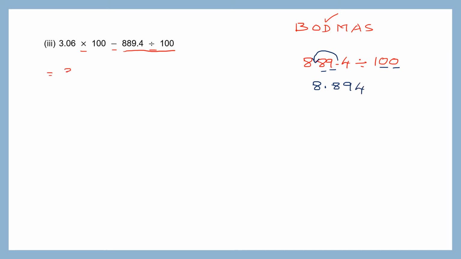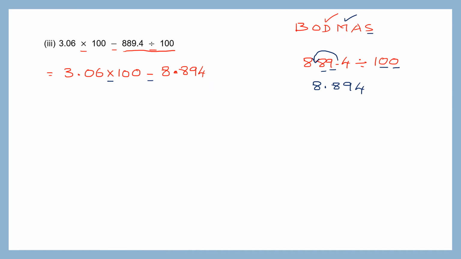So let me go back to my question. Everything else remains the same. 3.06 into 100 minus 8.894. Now what are the operations I have? I have multiplication and I have subtraction. Go back to BODMAS. I need to do multiplication before subtraction.